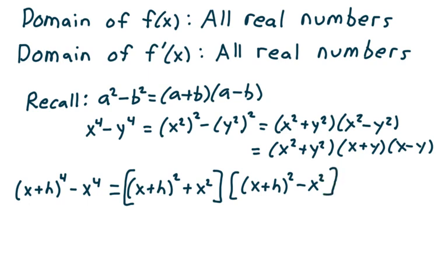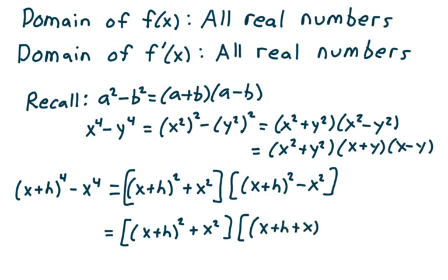And I could take this one last step. So I can take this as x plus h to the second plus x squared times x plus h plus x times x plus h minus x. So x plus h is being treated like y.